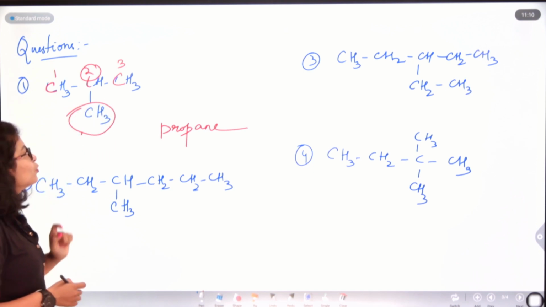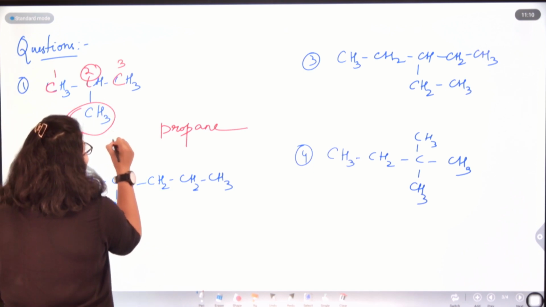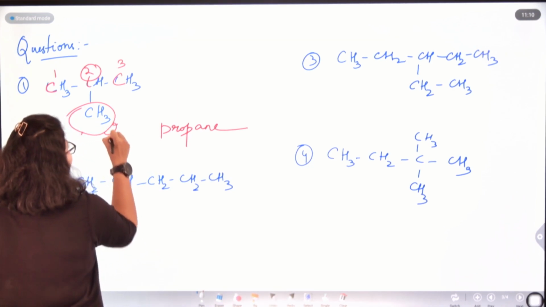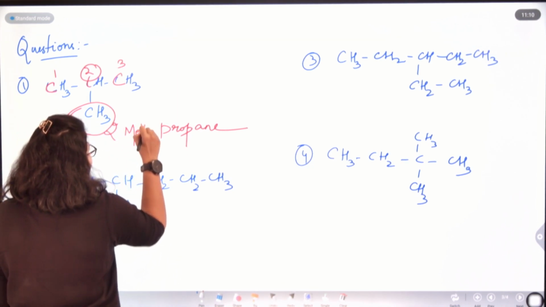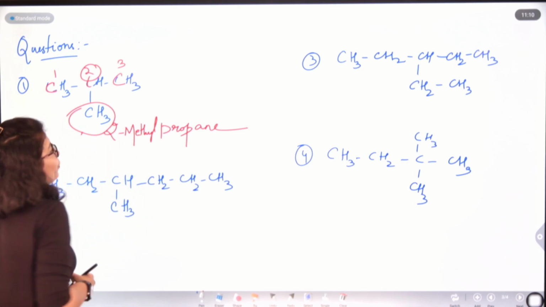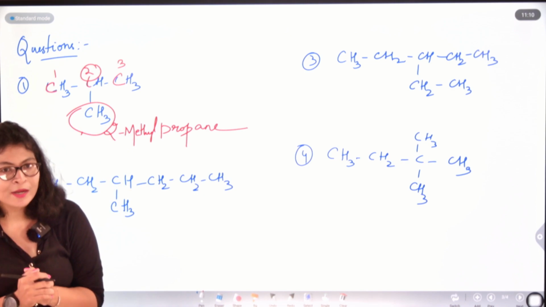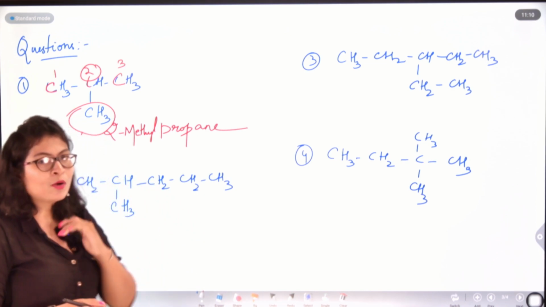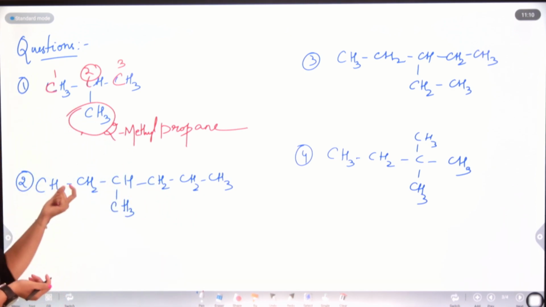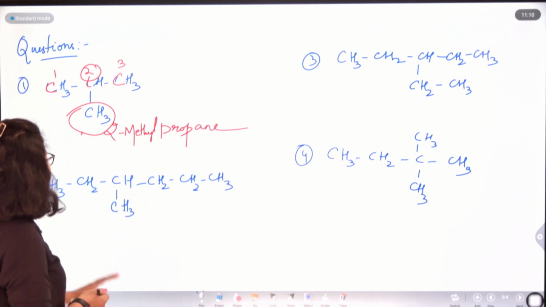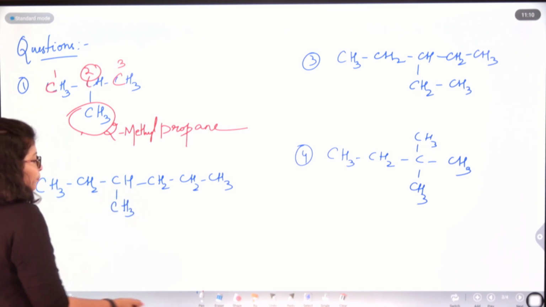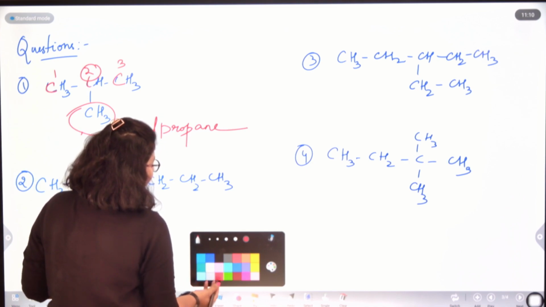So, the name comes out to be 2-methyl propane. Following all the rules, we reach the conclusion that this particular organic compound has the IUPAC name 2-methyl propane.